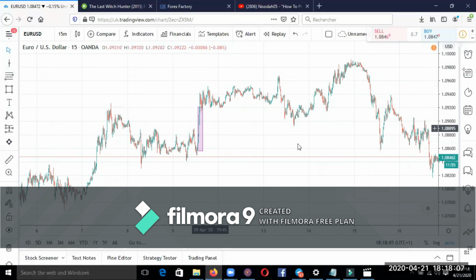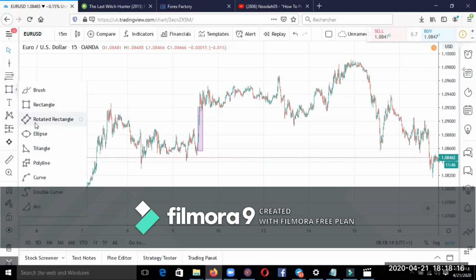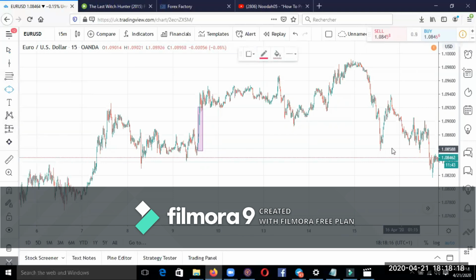It's this fair value gap, and you see what happened. You see the market drop here. You see how the market dropped here, reaching the same area that the fair value gap began, right? So that's a fair value gap.